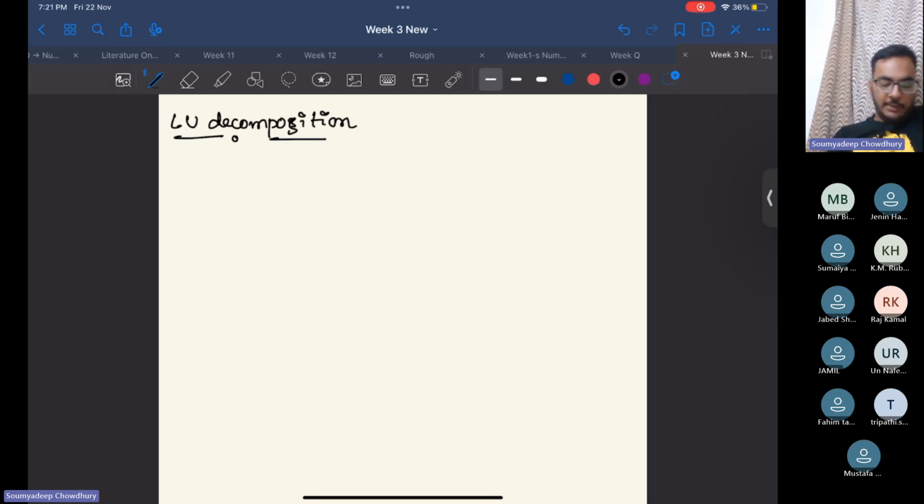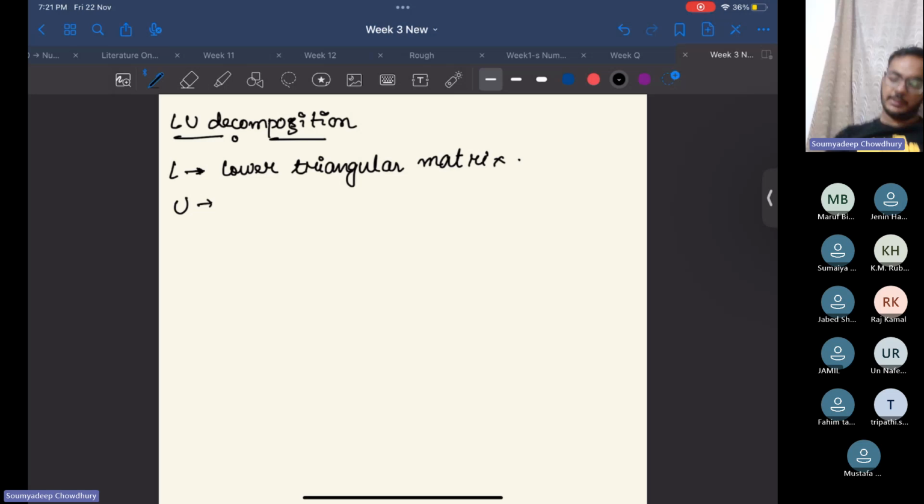So L basically means the lower triangular matrix, right? So L is your lower triangular matrix. And U, as I told you, is your upper triangular matrix.